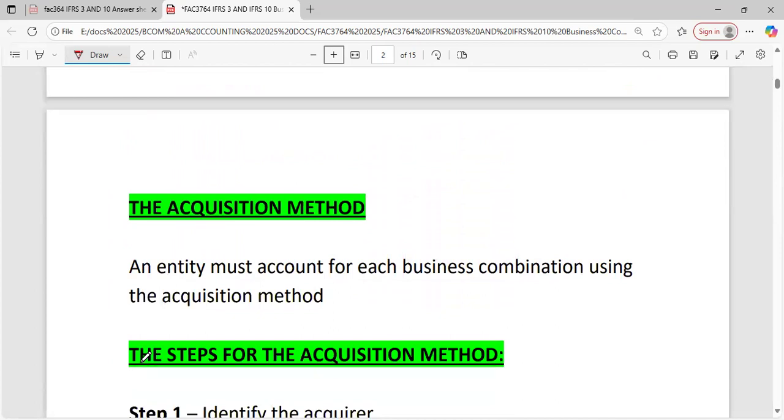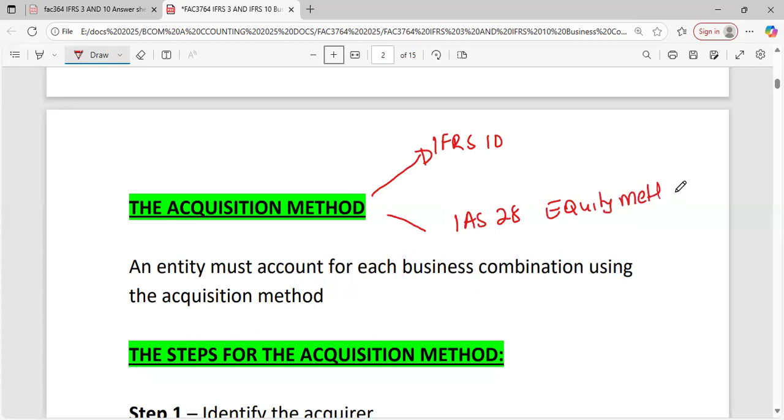In consolidation, we have two methods of consolidation. According to International Financial Reporting Standard 10, here we use the acquisition method. Then you'll see in our next topic, we're going to use IAS 28, which is the equity method.